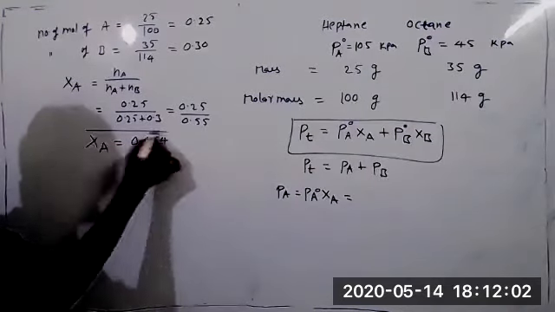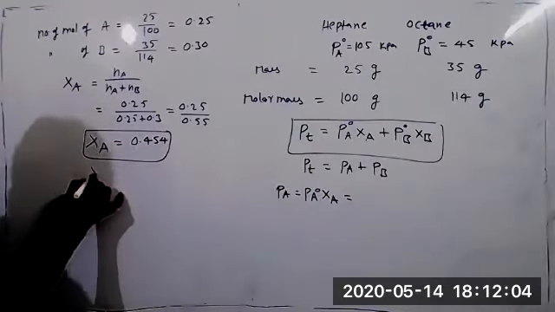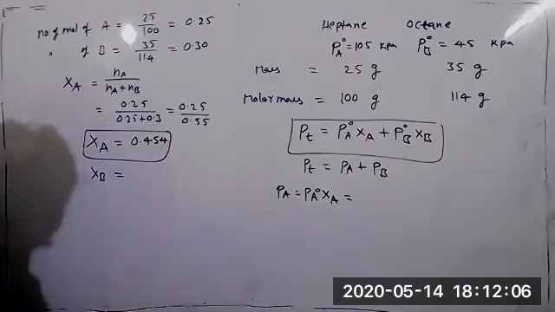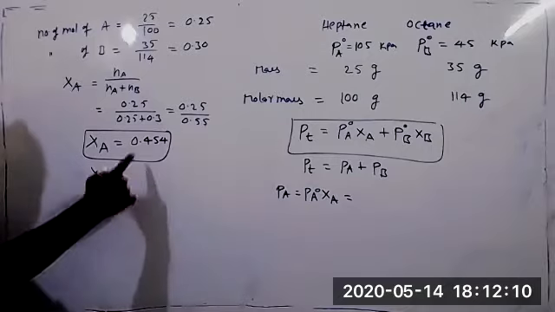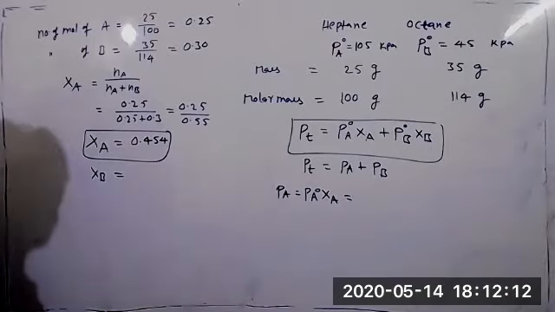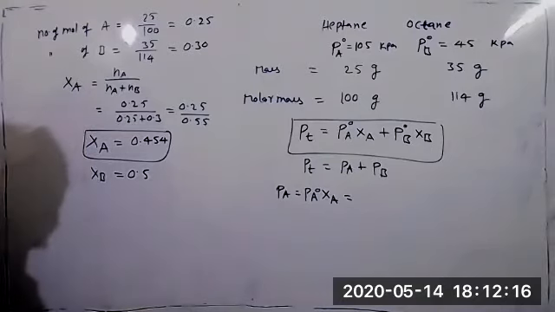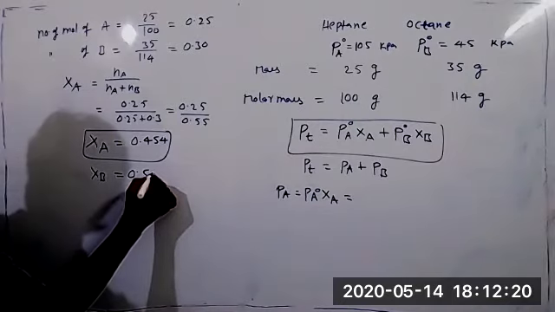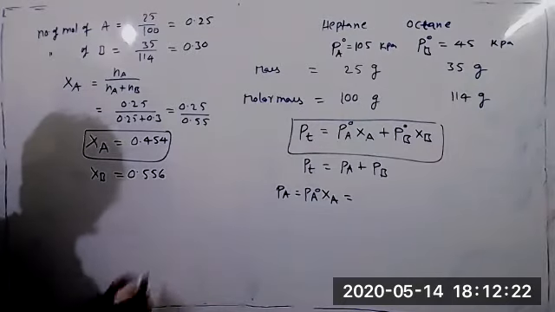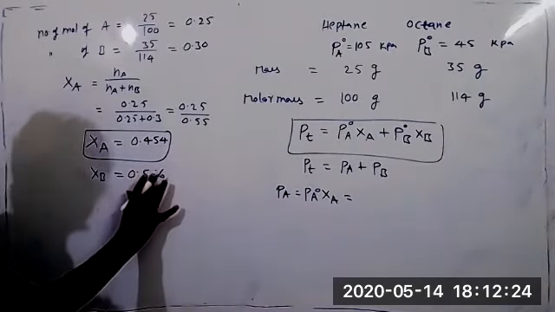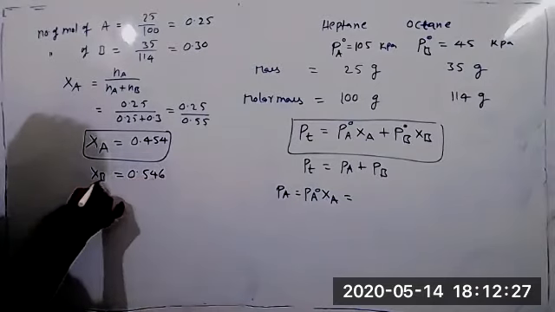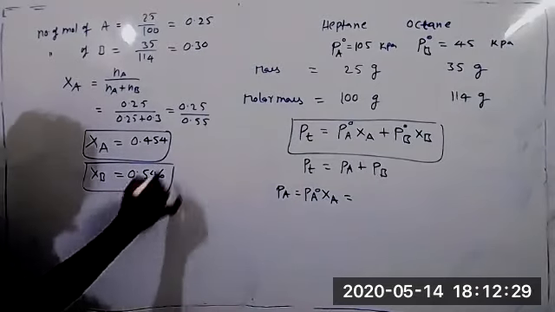Okay, this is the mole fraction of A. Then mole fraction of B is 1 minus 0.454, which is 0.546. Okay, we got the mole fractions.